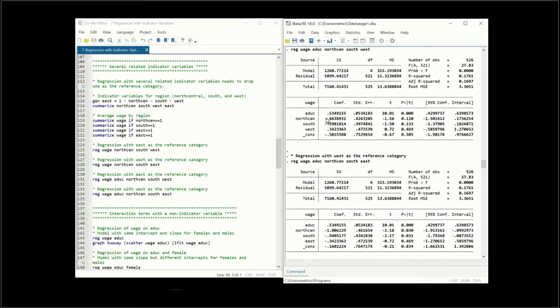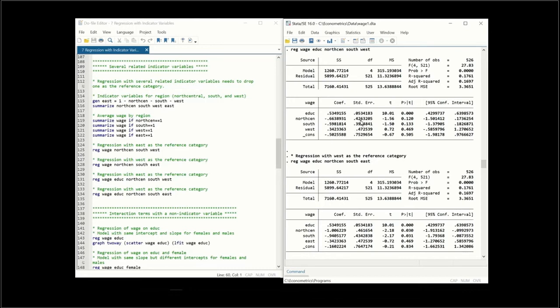So here for each additional year of education, we have 53 more cents in salary. So this again is independent of the regions. And then we could compare with the East region and decide which wages in which regions are significantly higher or lower.